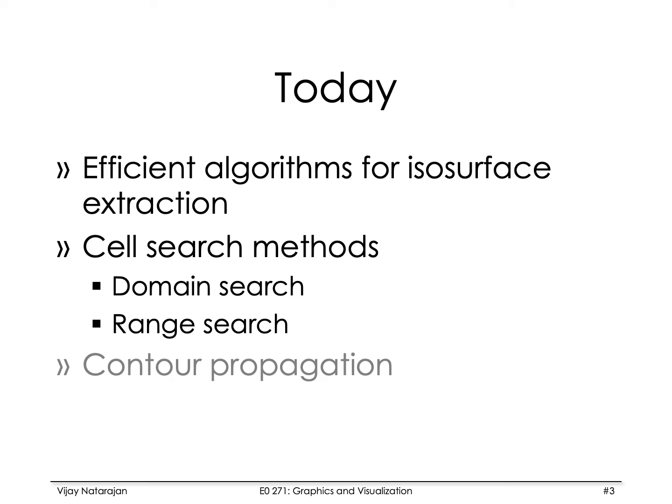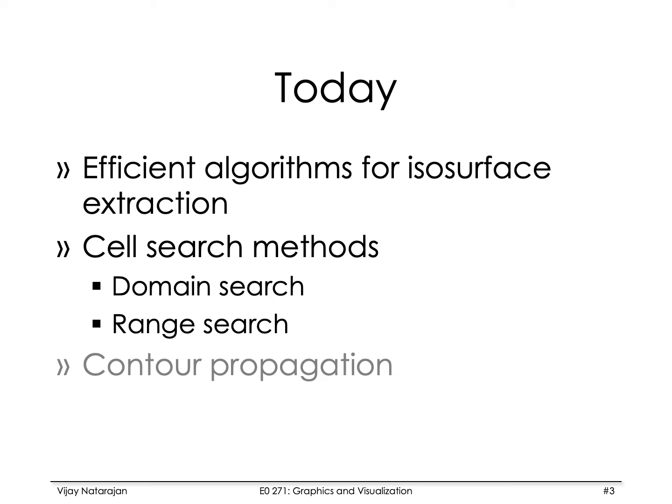So in this lecture, I'm going to discuss efficient algorithms for isosurface extraction. The way we will bring about efficiency in the algorithm is by talking about variants of the marching cubes.